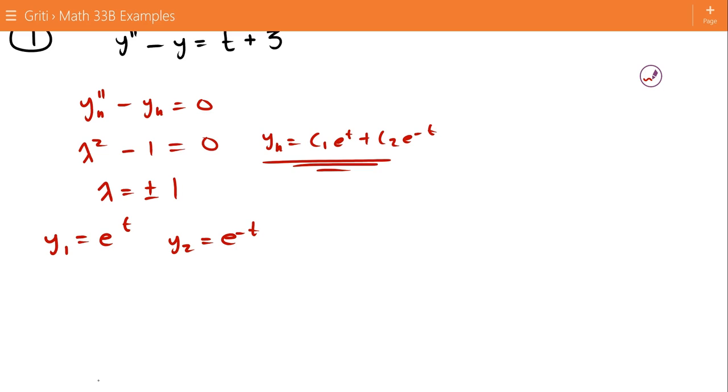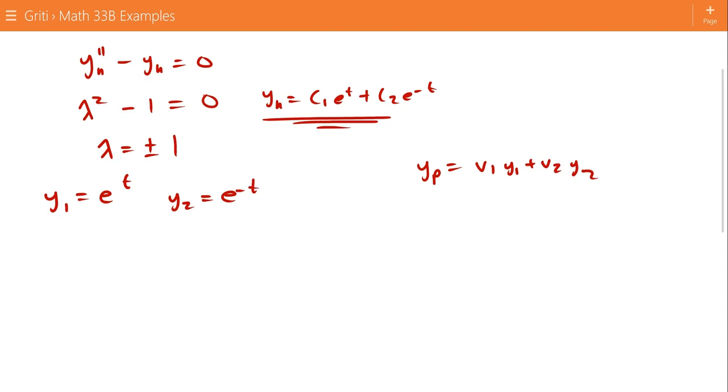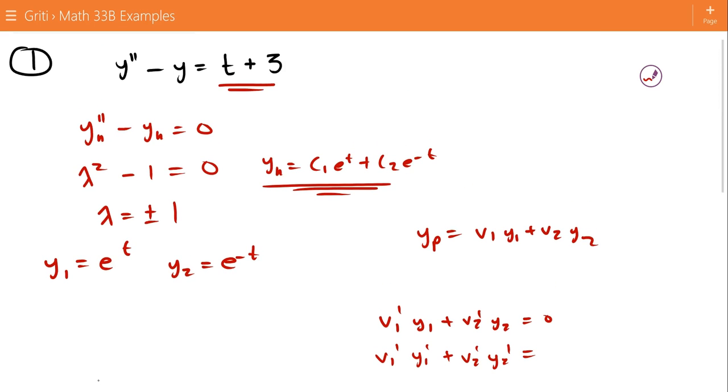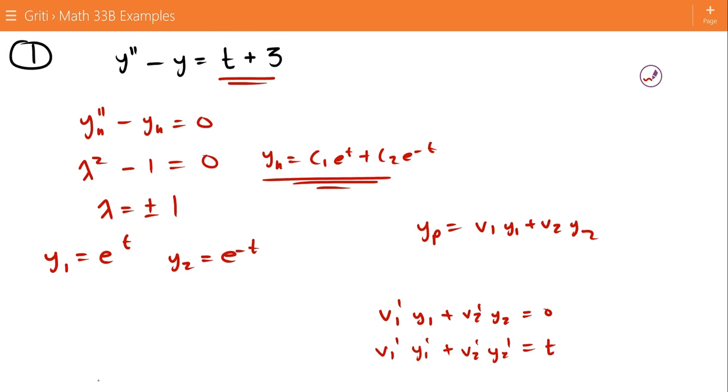So now to find our y_p, which is v1 y1 plus v2 y2, we need to use the following system of equations to find v1 prime and v2 prime. So v1 prime y1 plus v2 prime y2 equals 0. v1 prime y1 prime plus v2 prime y2 prime equals whatever our forcing term is. In this case, that is t plus 3.